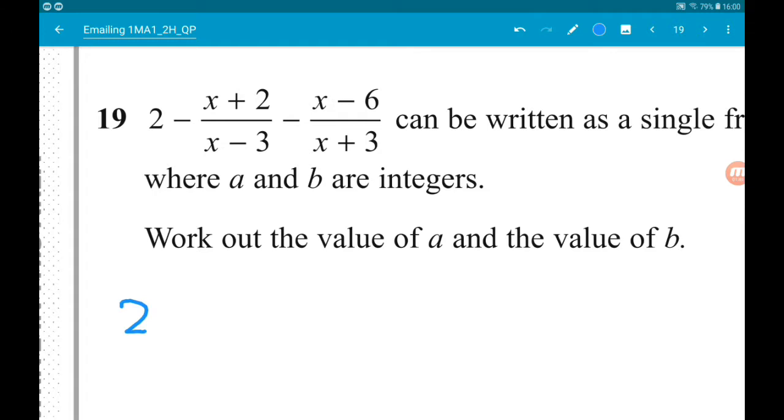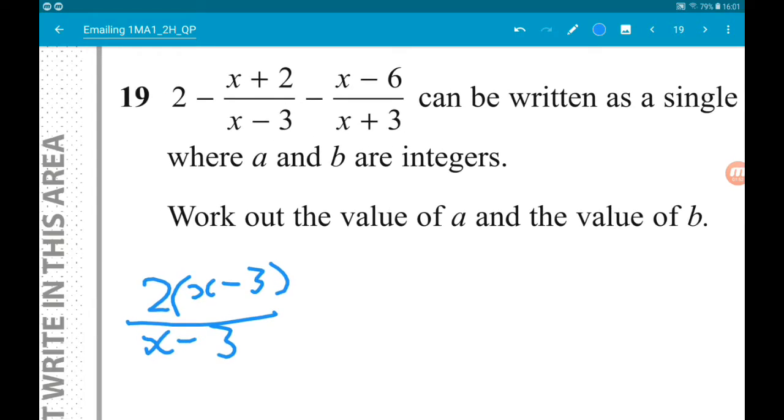And we get that. Now, if we've got that, then minus x add 2 over x minus 3. Again, the minus affects both terms on top, so I'm going to put brackets around it.